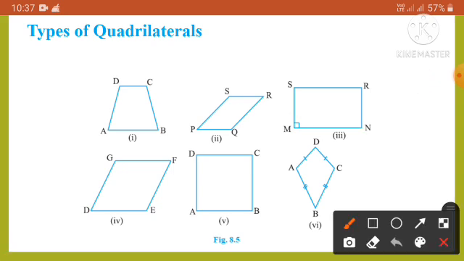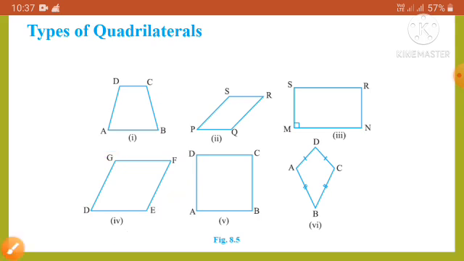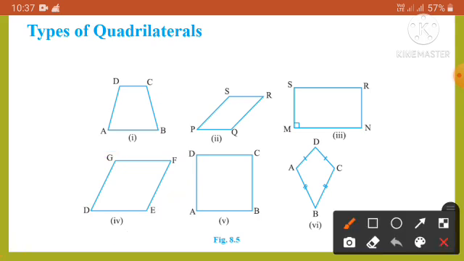Next, for figure number 4, in this figure all the sides are equal, and it is also a parallelogram. So parallelogram DEFG is known as the rhombus. Now figure number 5.